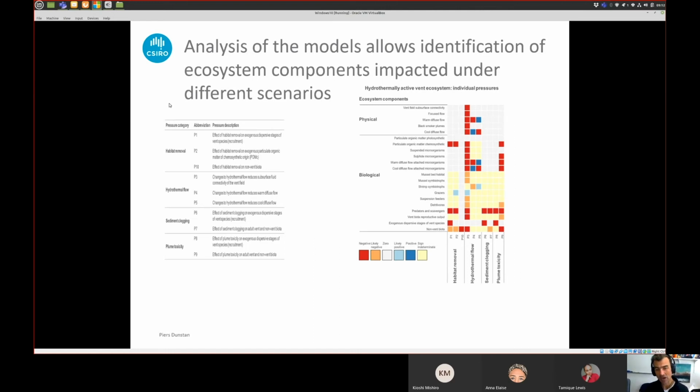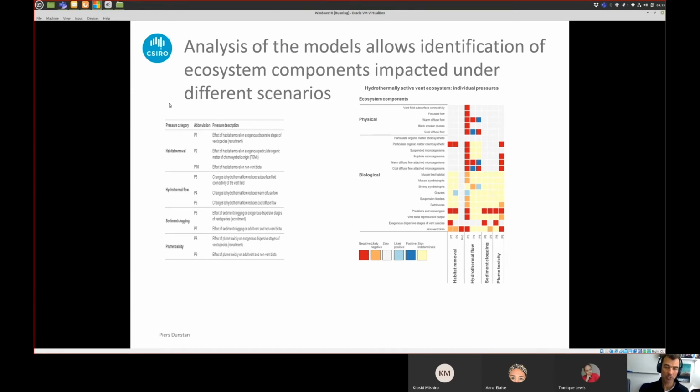And then we can look at how those effects propagate through the rest of the system. And you can see on the right quite clear differences between the different sorts of pressures and which parts of the ecosystem are being affected.